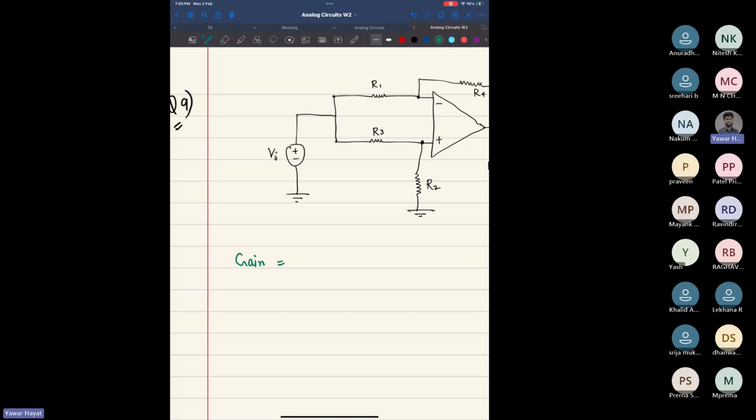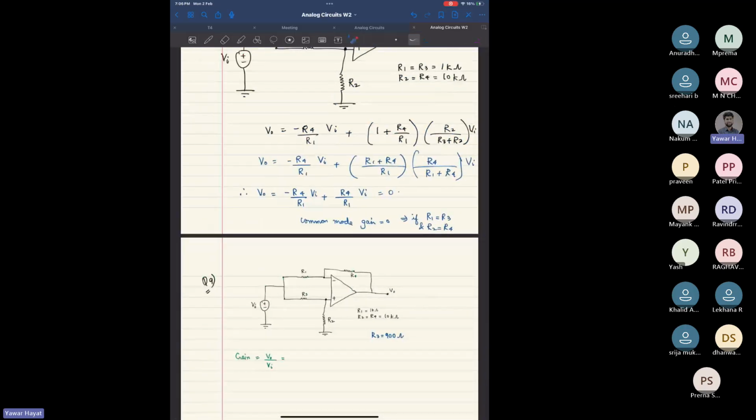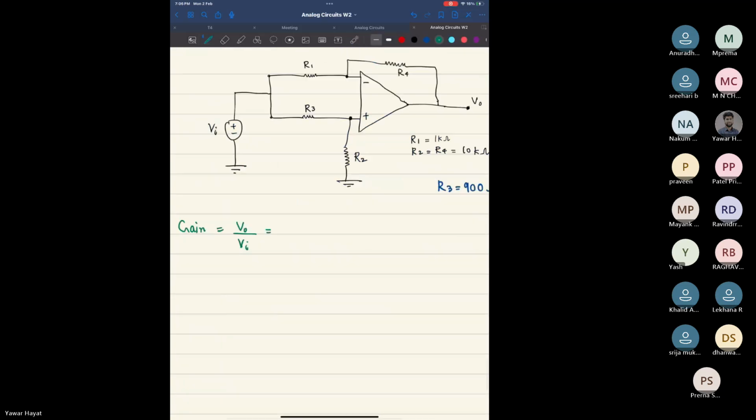Your gain is V output by V input, right? And that is how much? If you plug values in this particular equation, your gain, V output by V input, is 91.7 milli.